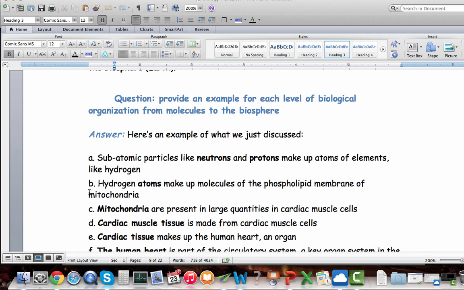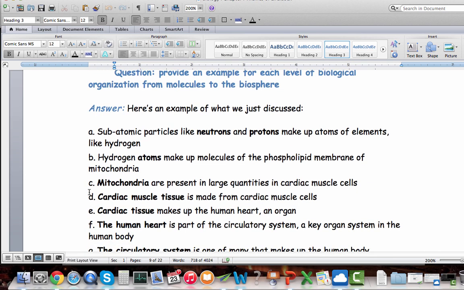Question. Provide an example for each level of biological organization, from molecules to the biosphere. Answer. Subatomic particles like neutrons and protons make up atoms of elements like hydrogen. Hydrogen atoms make up molecules of the phospholipid membrane of mitochondria.